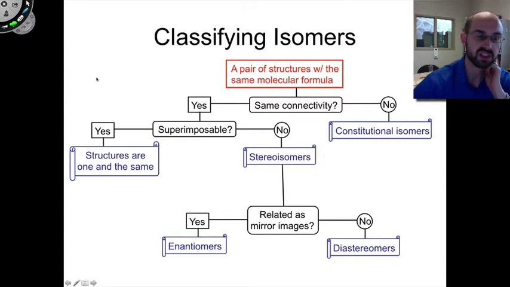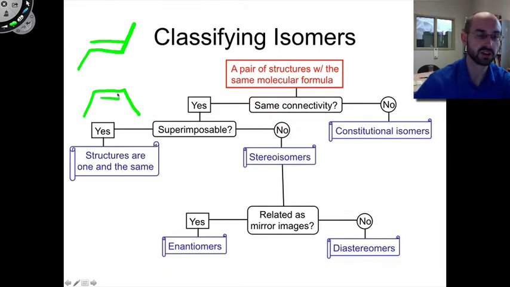The simplest example of that is 2-butene. So there is that molecule, and there is that molecule.